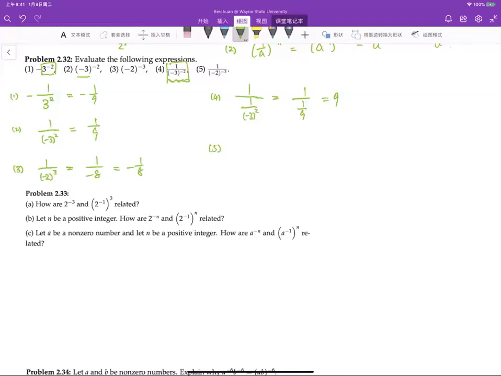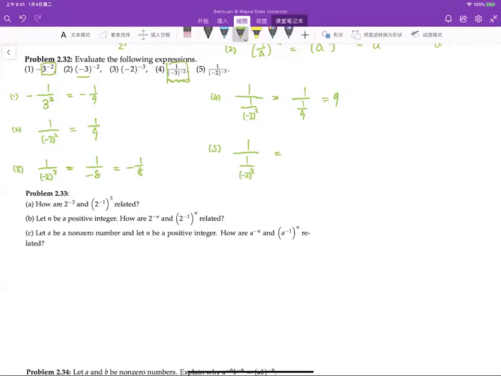Can you do another one? Okay, so you do the same thing. 1 over 2 to the third power, 2 cubed. And that's 1 over negative 6.